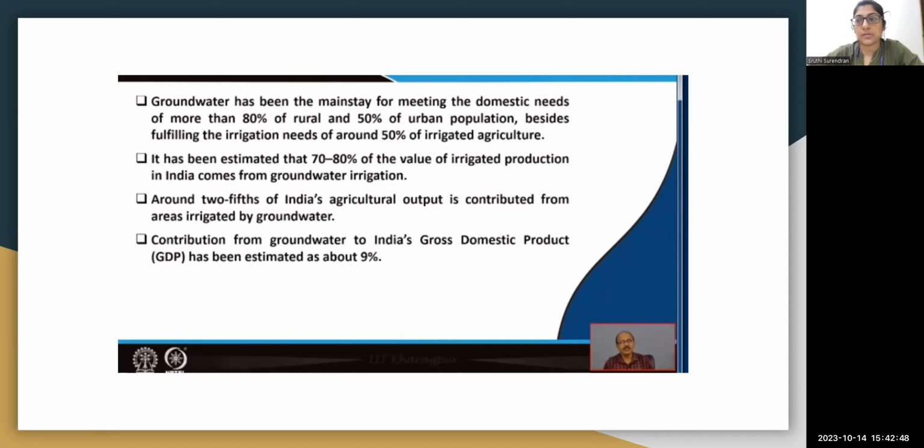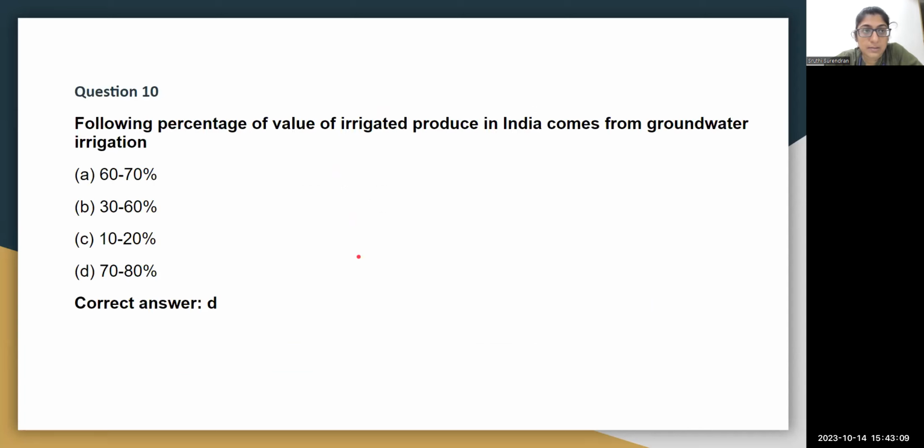And groundwater, in all forms as a source of water and income, contributes 9% of the GDP. So the question was, what percentage of the value of irrigated produce is coming from groundwater irrigation? It is 70 to 80%, so the correct answer is option D.